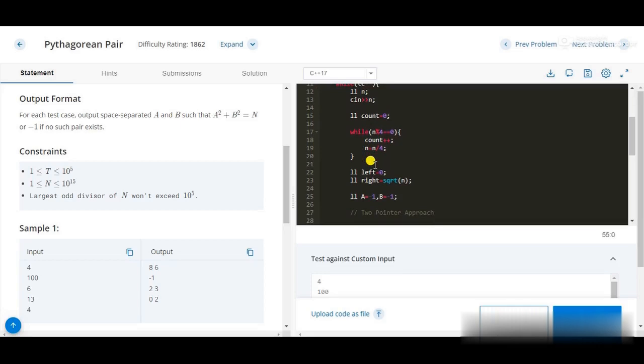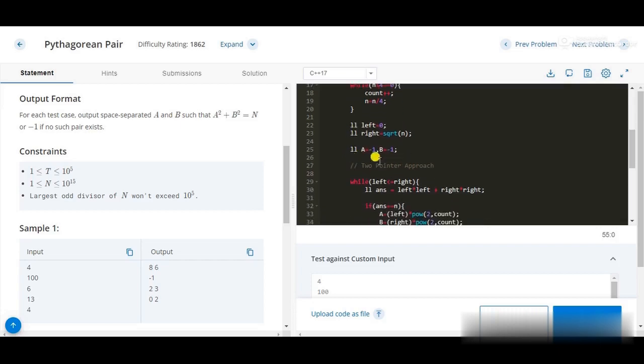When the number is no longer divisible by 4, we come out of this while loop and get the smaller n, which is not the actual n anymore. The number has now been shortened, and we apply the two pointers on this range, 0 to the square root of n, as the square root of n is not that large and is below 10 to the power 8.